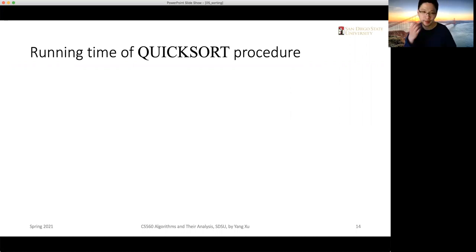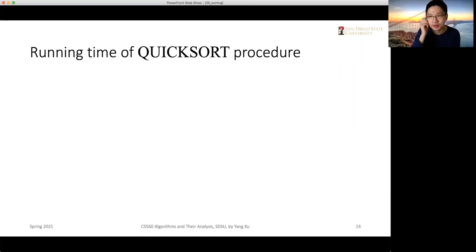So today we'll keep talking about the sorting algorithms. In our last lecture, we implemented the pseudocode for Quicksort, and we were at the step of analyzing the running times.